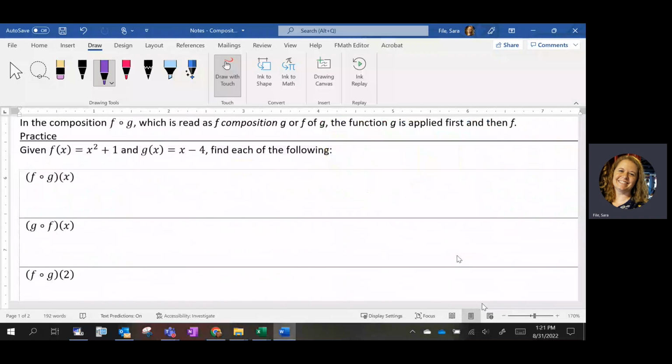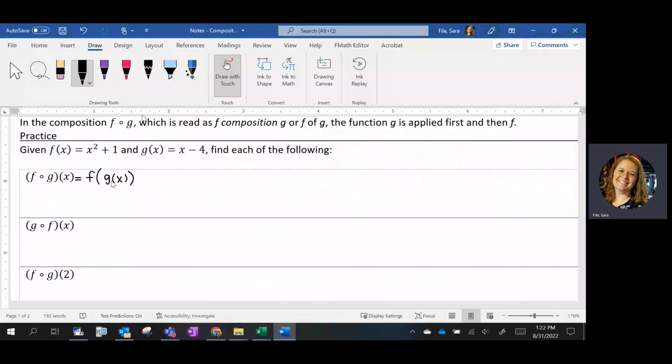All right, so we're going to try that with this next example. We want to find f of g of x, g of f of x, and then f of g of 2. The first thing I'm going to do is rewrite these in the other format, because I think it's easier to interpret. So f is the first function, so that's the outer one, and g of x is going to be on the inside.